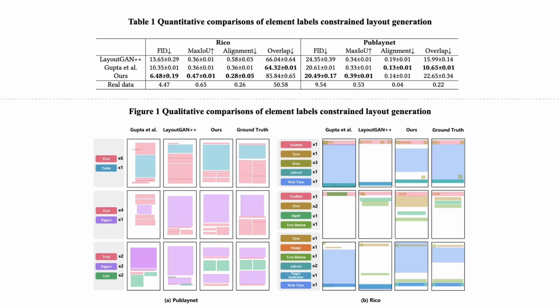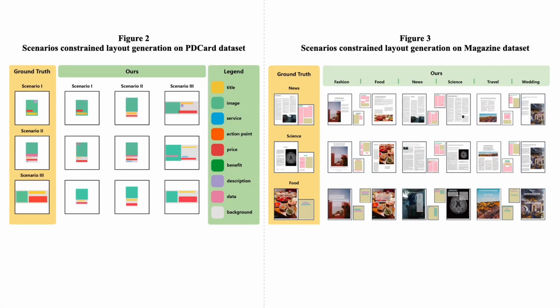Figure 1 provides the qualitative comparisons. It can be seen that our model produced the highest quality layouts, especially with great alignment and rational arrangement of different types of elements. The results of LayoutGAN++ are close to ours, but some layouts have the problem of uneven size distribution and misalignment of the elements.